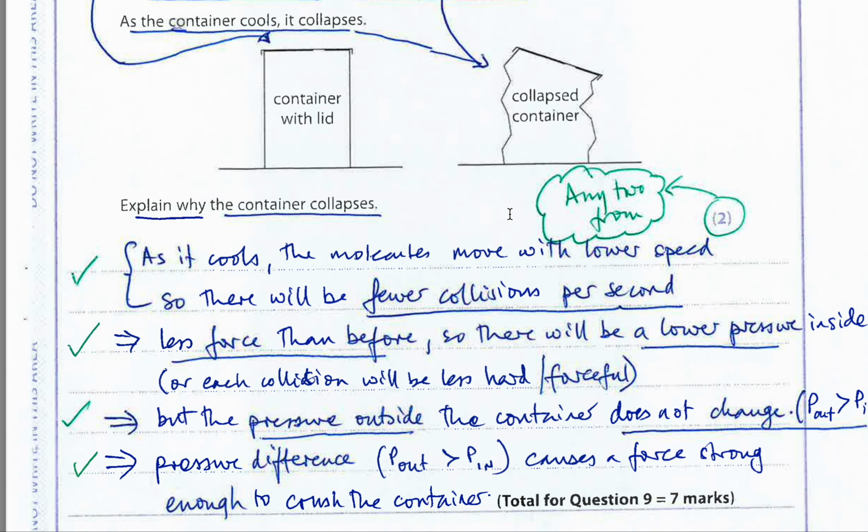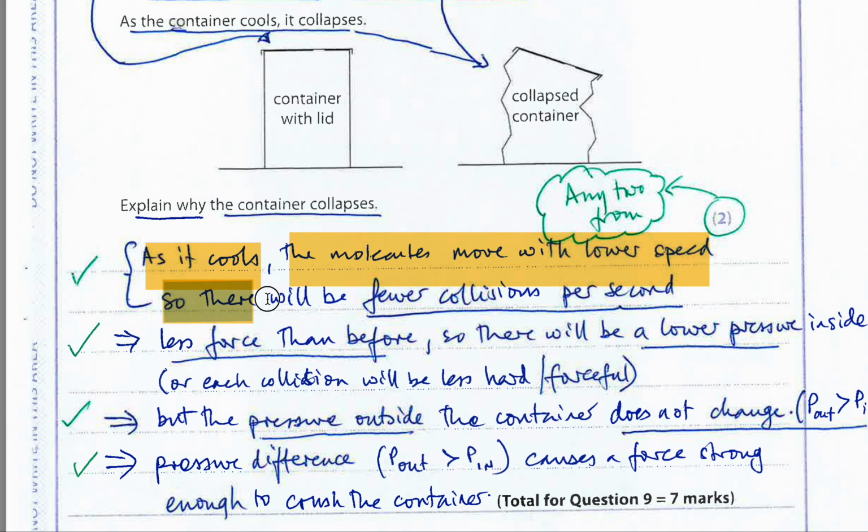So remember, you've already lost some molecules when it was heating, so you've got fewer molecules than before, although that's not on the mark scheme. They want you to mention, again through the kinetic theory, any 2 points from the 4 I've listed. As it cools, the molecules move with lower speed as opposed to the previous part of the question.